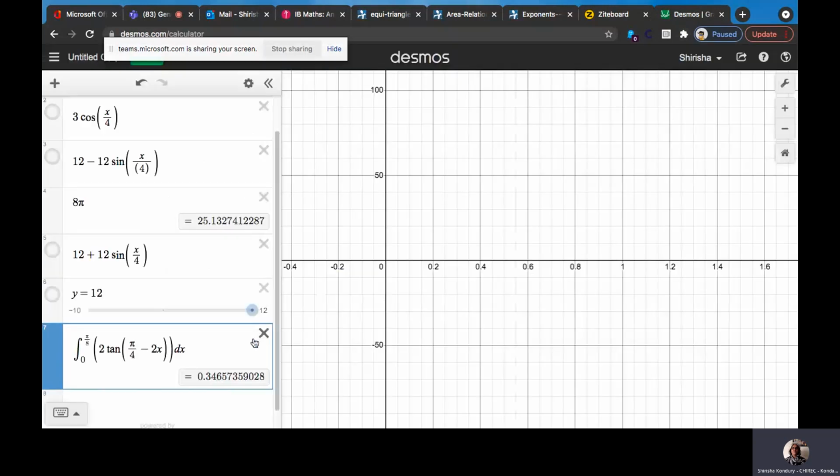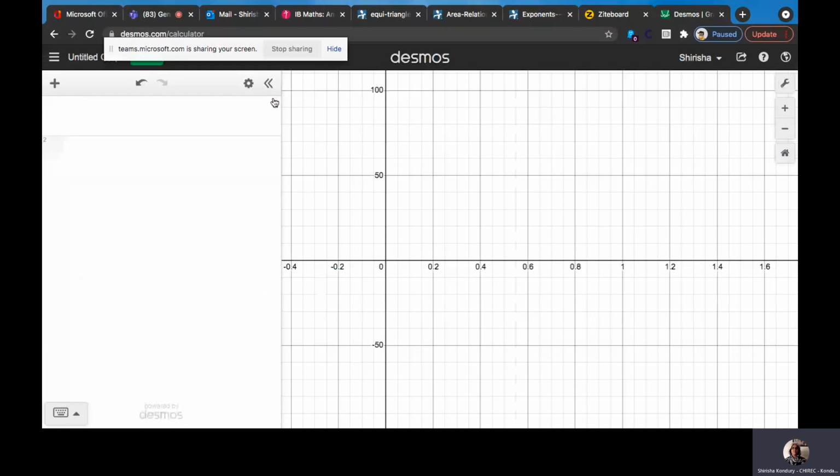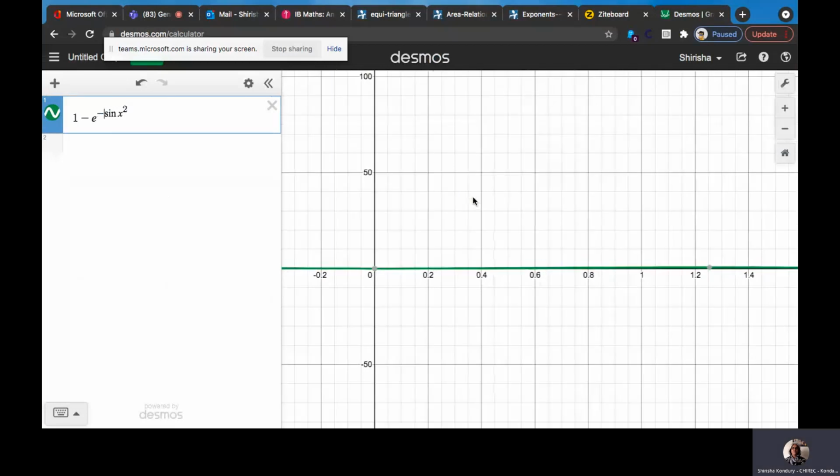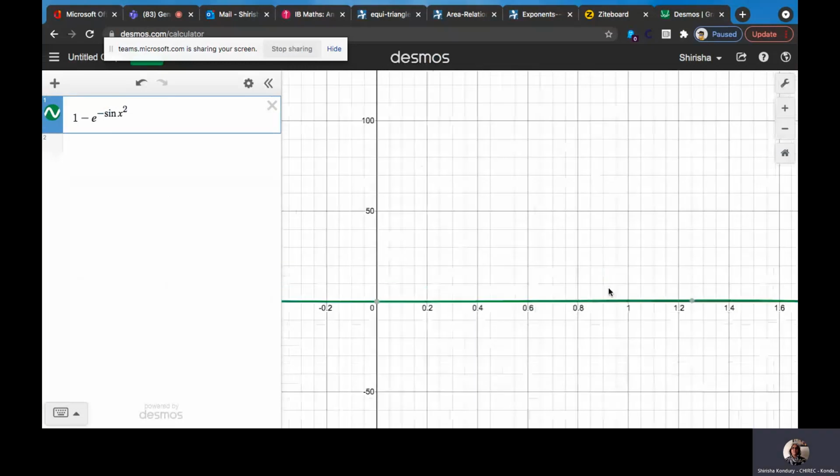So let's graph this, and it's completely okay for it to have this kind of expression. This is what it looks like: e raised to, and there is a minus here as well. I have to zoom in because if you look at the y-axis, it's hardly visible.